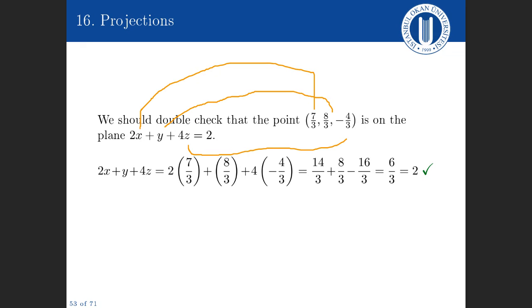And I add them up, and the question is, do we get 2 or do we get a different number? This time we do get 2. So this point really is on this plane. Probably we didn't make a mistake in this calculation.